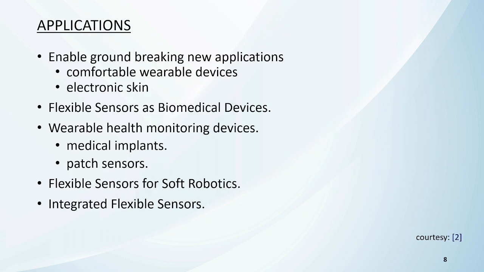So, regarding applications of flexible electronics: flexible electronics can bend to any shape during its production or as a part of its production, in the final design of the product. These flexible printed electronics enable groundbreaking new applications, for example, comfortable wearable devices and electronic skin patches that revolutionize healthcare.